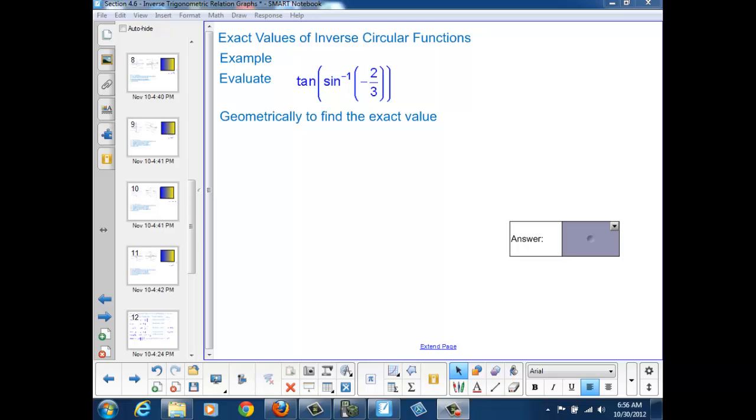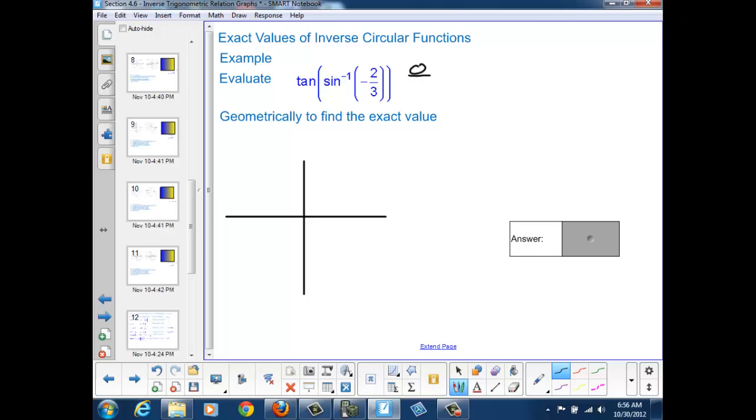So we start from the inside where we're looking for the angle that produces a ratio of negative 2/3 for the sine function. So I will draw a coordinate system, and then I'll draw a reference triangle whose opposite is negative 2 and hypotenuse is positive 3.